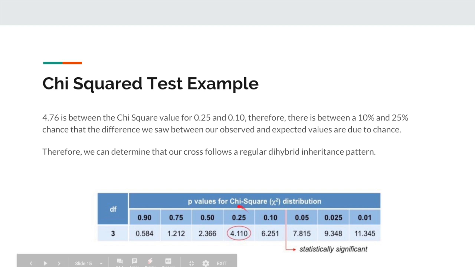So now we're looking at between 0.25 and 0.1. That means that we have between a 10% chance and a 25% chance that the difference we saw between our observed and expected values is due to chance. Therefore, we can determine that our cross follows a regular dihybrid inheritance pattern and not any diverse phenomena.